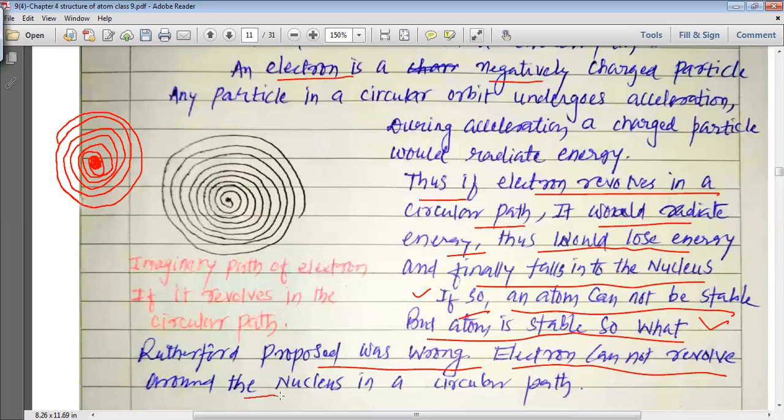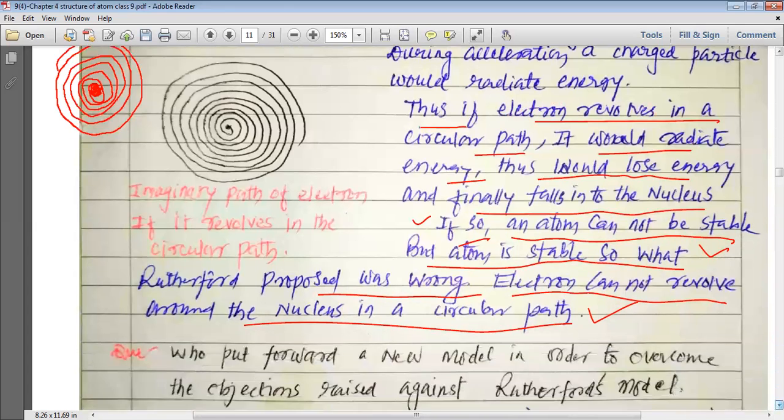Please remember that according to the scientists and various experiments, it is proved that the electron cannot revolve around the nucleus in a circular path, and the path of the electron should be a spiral path. So the electron will revolve around the nucleus not in a circular path.